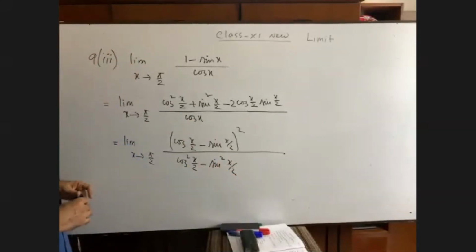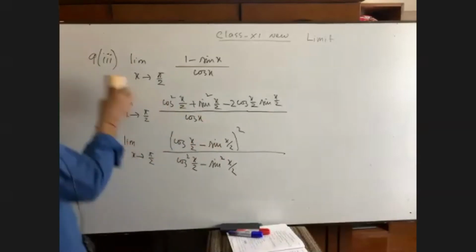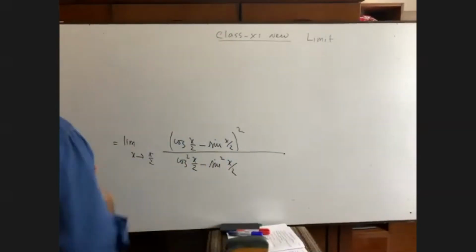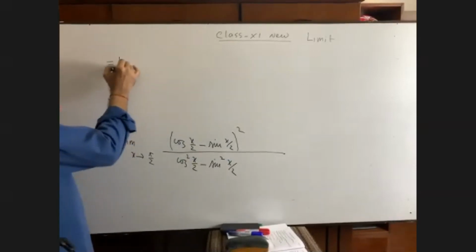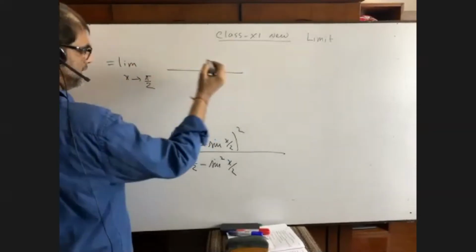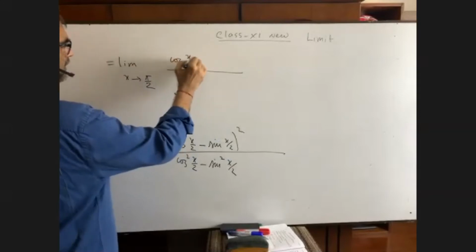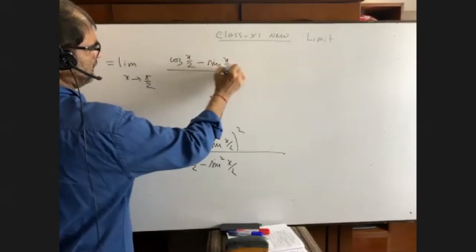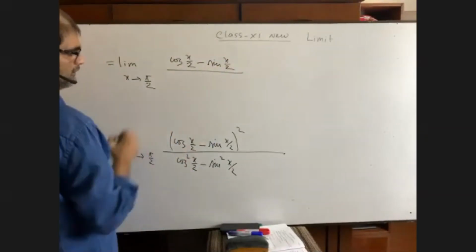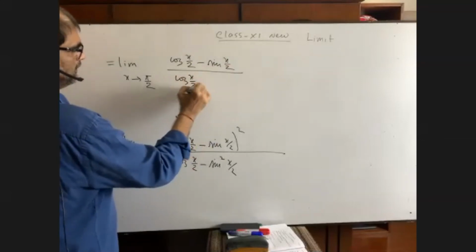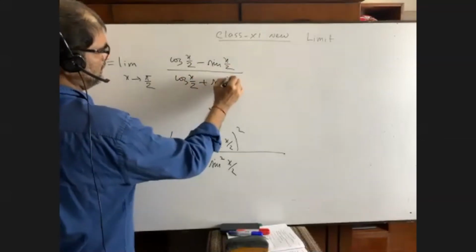So we are left with what? Please let me know. We are left with limit x tends to pi by 2, cosine x by 2 minus sine x by 2, then minus will be omitted, it is cosine x by 2 plus sine x by 2.